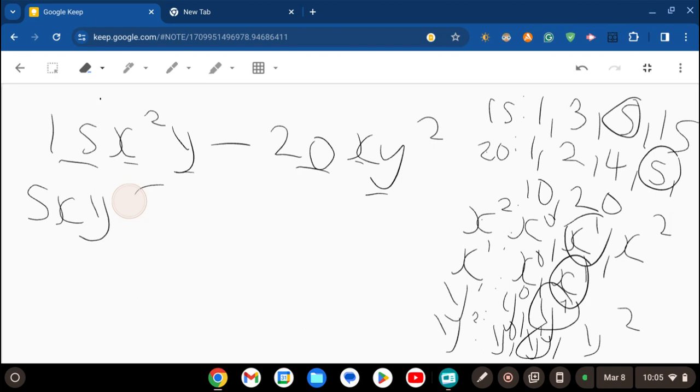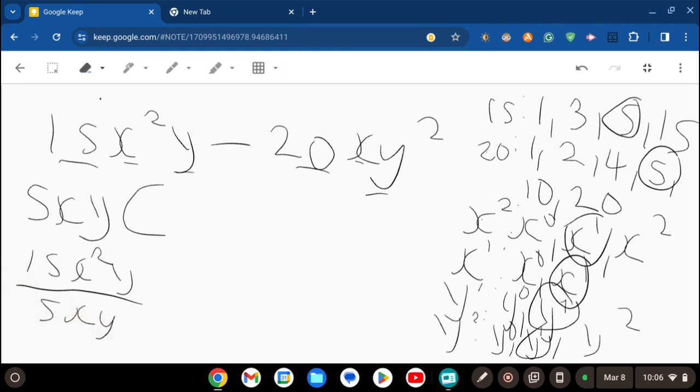So now we want to see how many times 5xy can go into 15x squared y. We can write it as 15x squared y over 5xy.